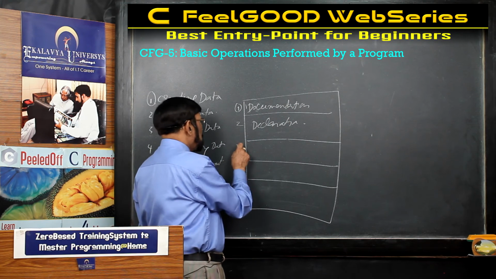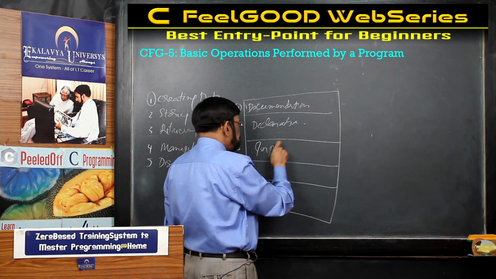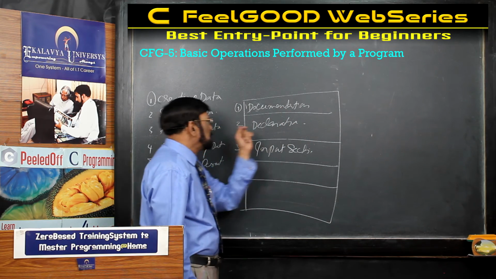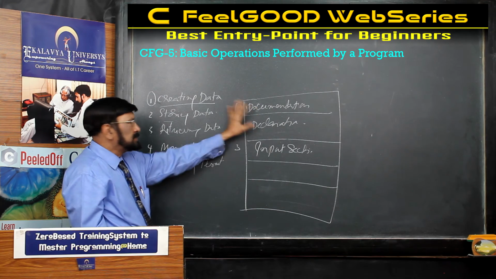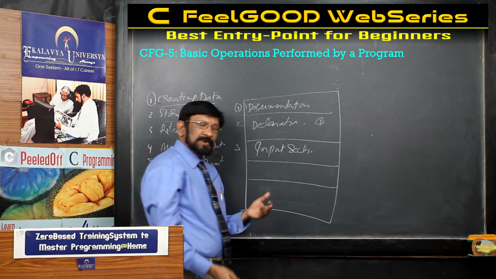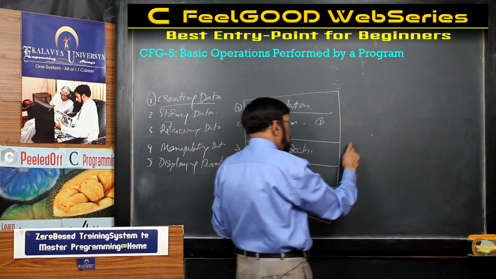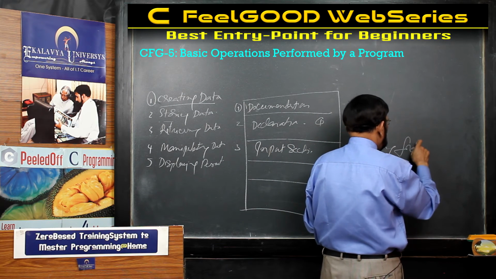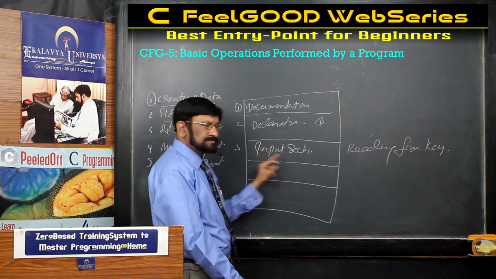So third one, input section. Input section: actually it was declared only. That means the first operation was made. Here input section means you are not assigning; you are reading from the keyboard. This is the input section.